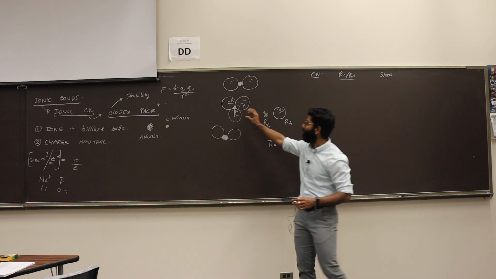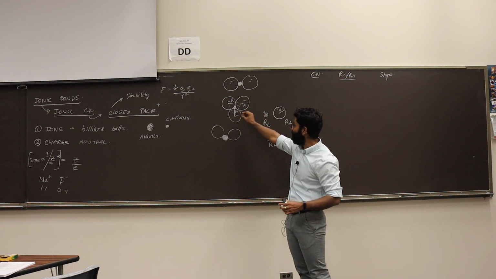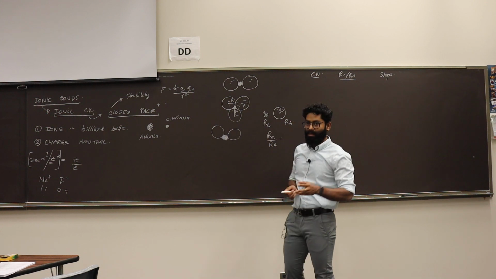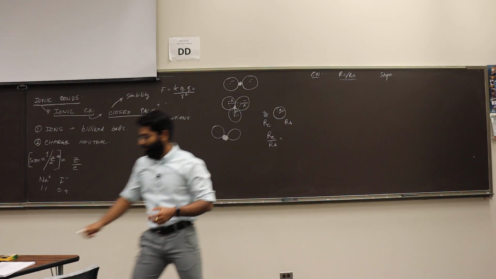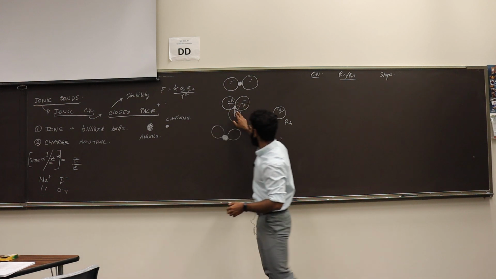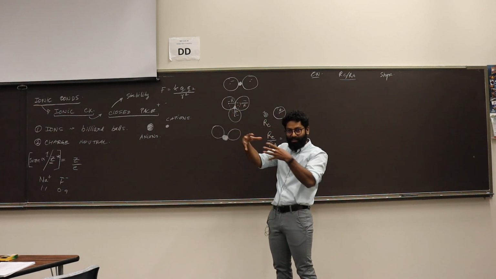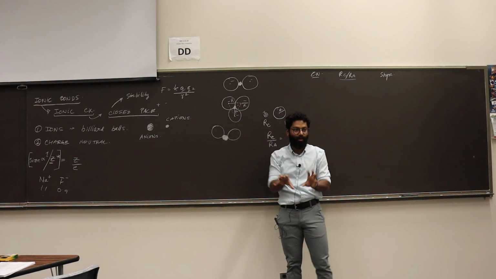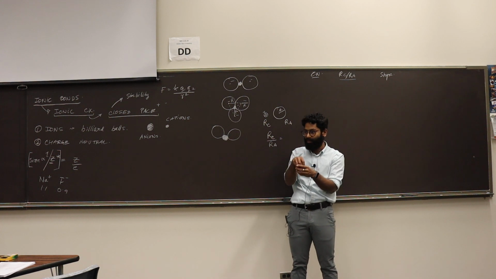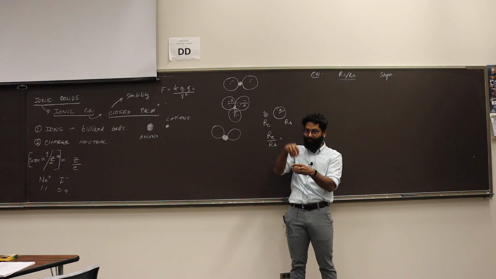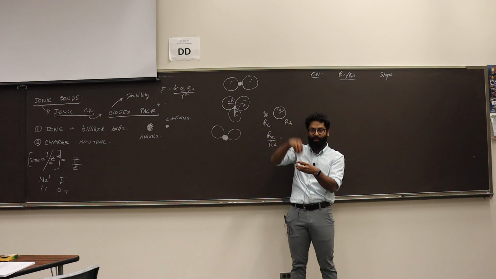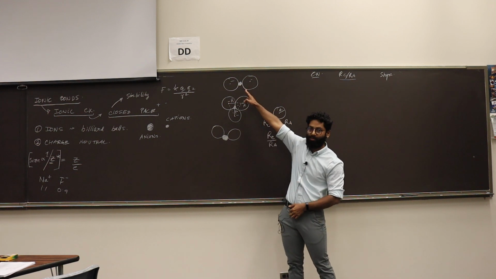So if it is smaller, this thing has a void in between, so these three cationic billiard balls are making this void in between. If the cationic billiard ball fits perfectly well, it's fine. But if it's small, it goes over there.